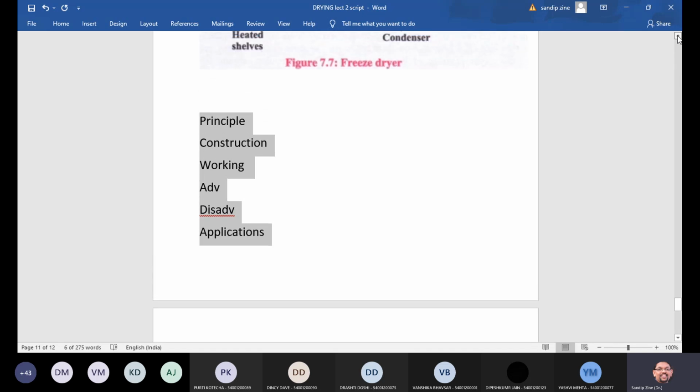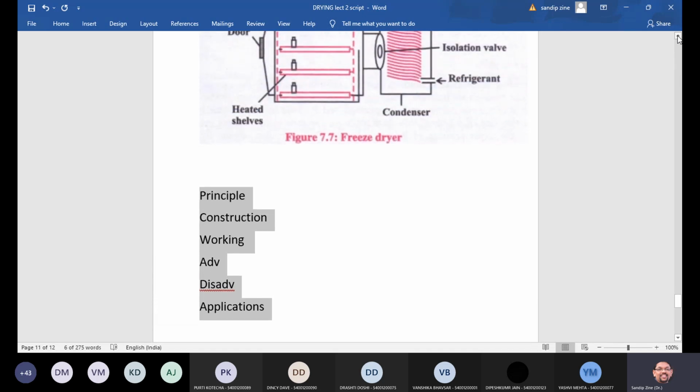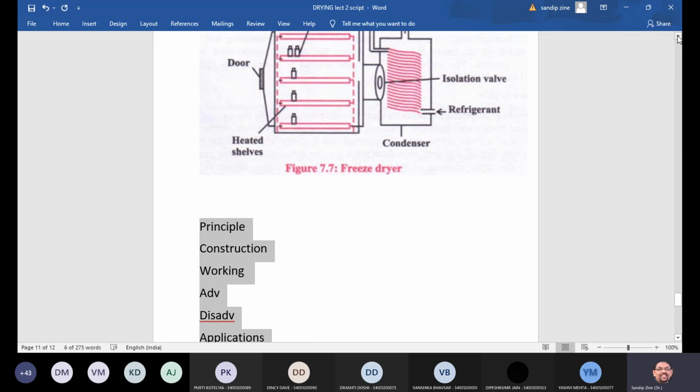Maybe the question will be write a short note on drum dryer, write a short note on vacuum dryer. So diagram you should know. If you know the diagram, so obviously you can write all these points. There is no need to mug up the thing. What will the principle be? If you know the diagram and if you understood the concept of drawing terminology, this topic gives you 100% marks, isn't it?